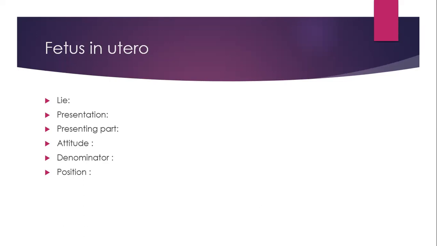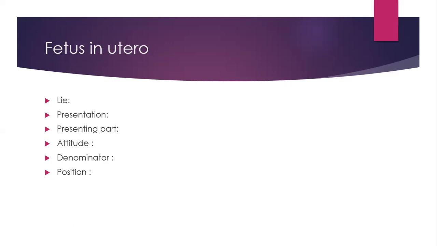What is a denominator? So denominator is an arbitrary bony fixed point on the presenting part. Simply, we know the presenting parts like vertex, brow, and face. So the bony fixed point on that presenting part which comes in relation with the maternal pelvis.